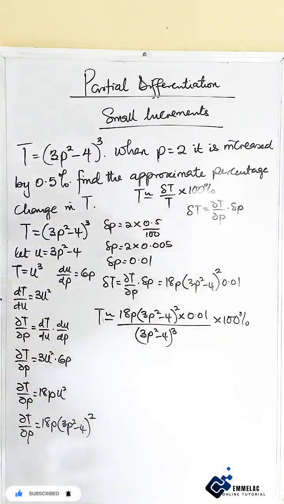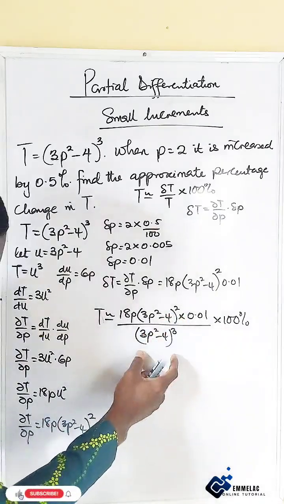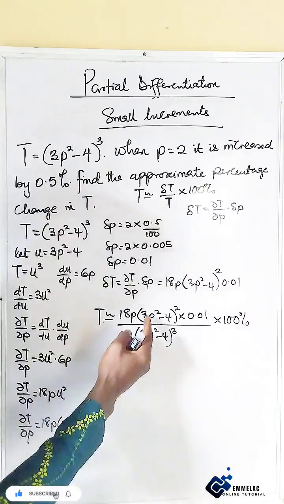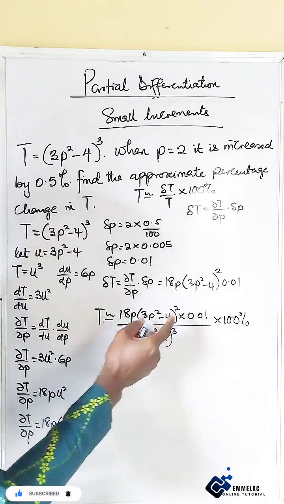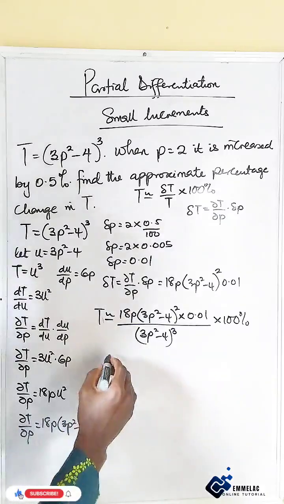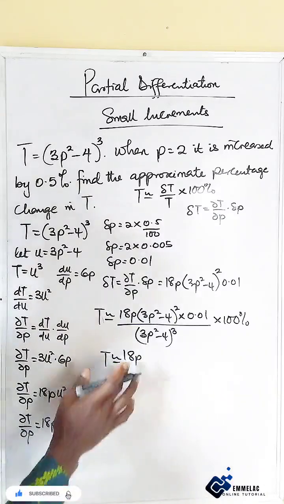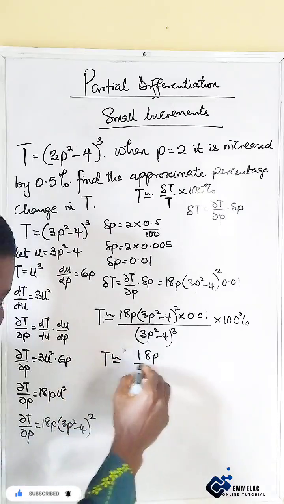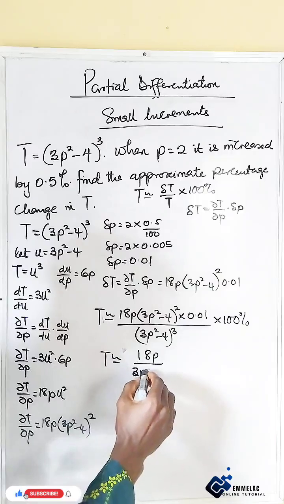Take note that this is 3p² − 4 in 3 places, and this in 2 places. So if we eliminate these 2 from here, we will remain with 1 here. So then our t will now be 18p all over (3p² − 4) percent.